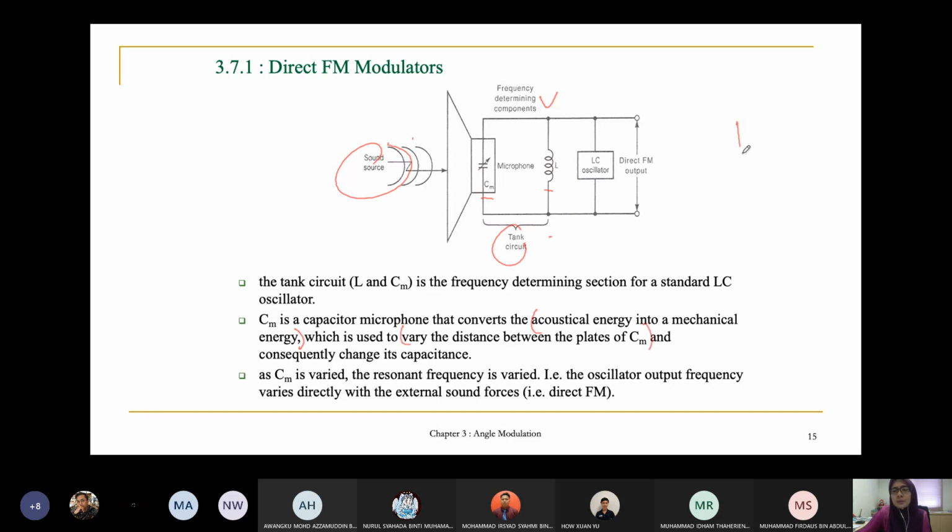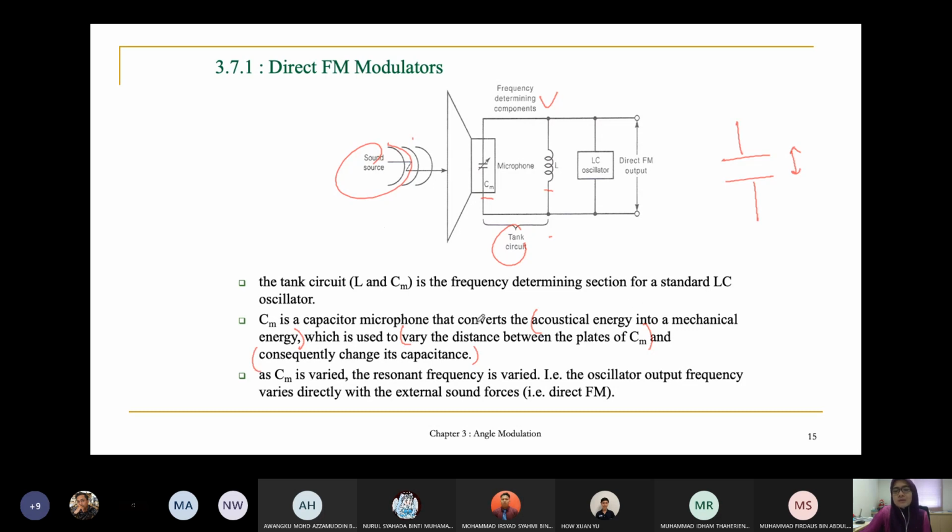For a capacitor, you know that we have two plates like this. When the acoustical energy is converted to mechanical energy, the distance between the plates varies. When the distance varies, it changes the value of the capacitance.